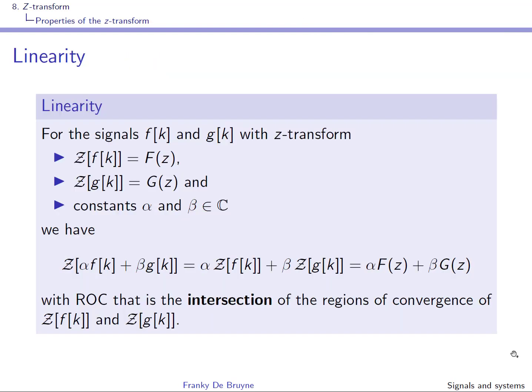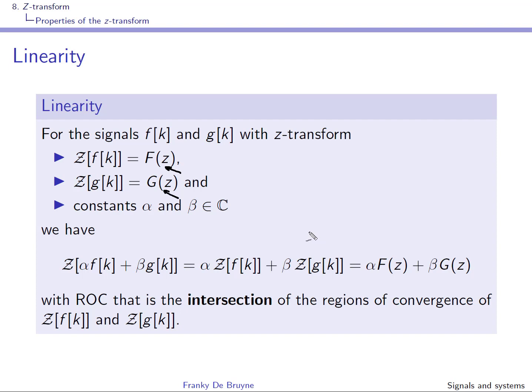As announced before, the Z transform is a linear transform. This linearity property is inherited from the Laplace transform. Given the Z transform of the sequence f of k and the Z transform of the sequence g of k, you can obtain the Z transform of a linear combination of these sequences, and this Z transform is simply obtained by taking the same linear combination of the Z transform of f of k and the Z transform of g of k.